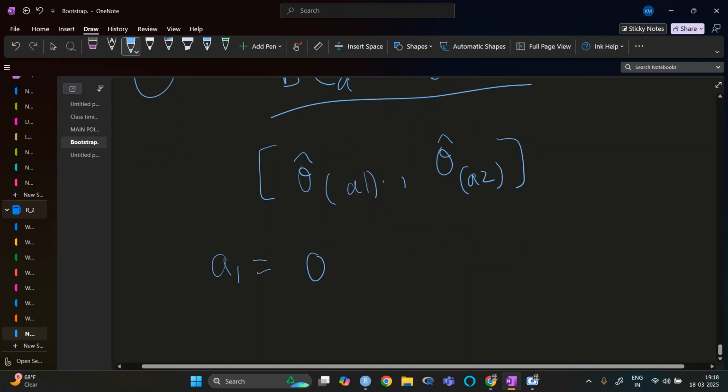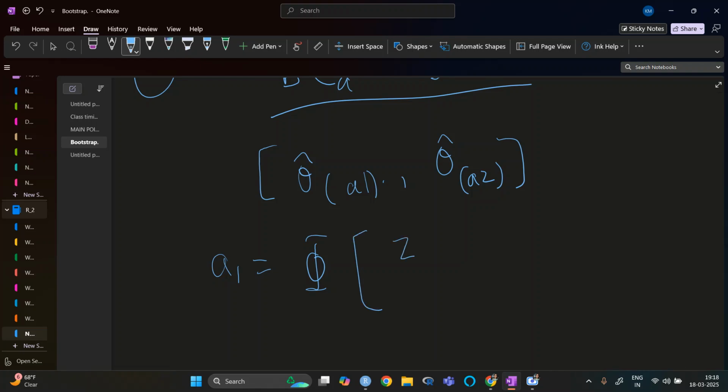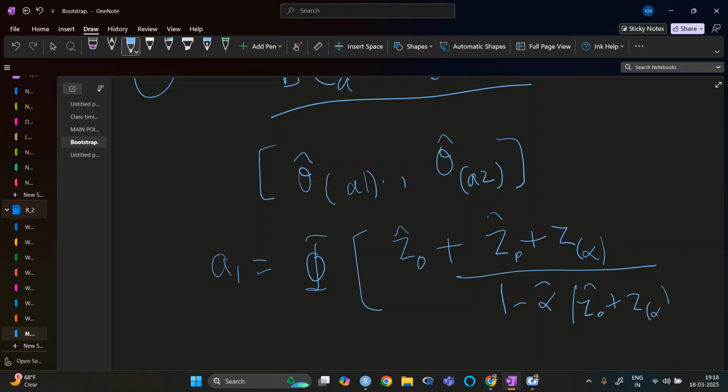So this is phi of z naught cap plus z naught cap plus z alpha divided by 1 minus alpha cap times z naught cap plus z alpha.